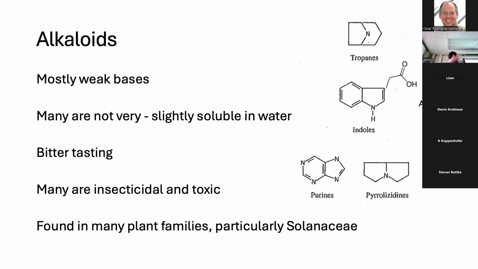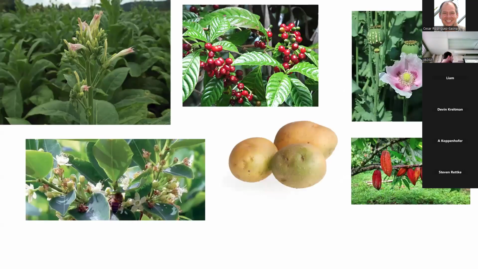And interestingly enough, if you take one of these alkaloids like indole and you slap an acetic acid group on it, you get auxin, which is one of our primary metabolites we were talking about. And so if we look here, we have different plants that can produce different alkaloids in their own ways.